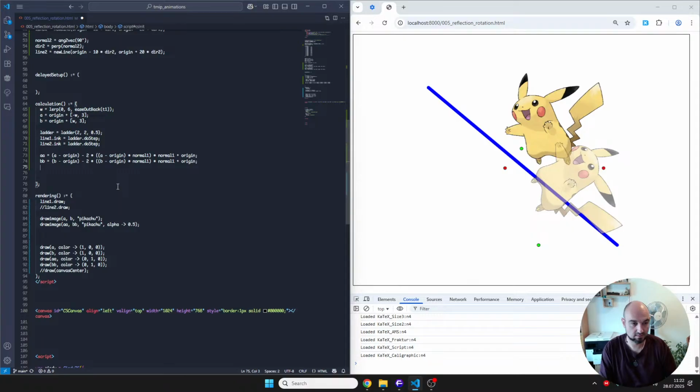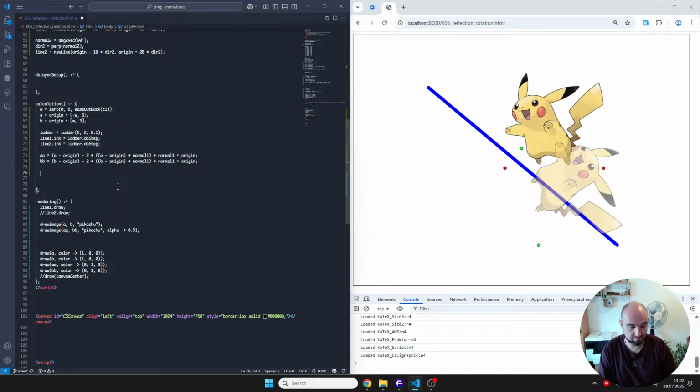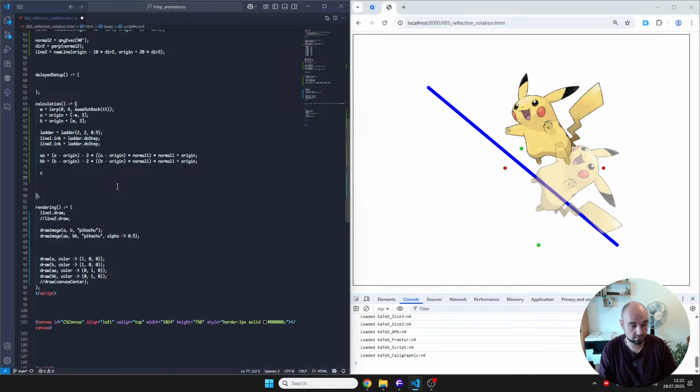So let's make new points. Let's take C and D. What can I do with this function?